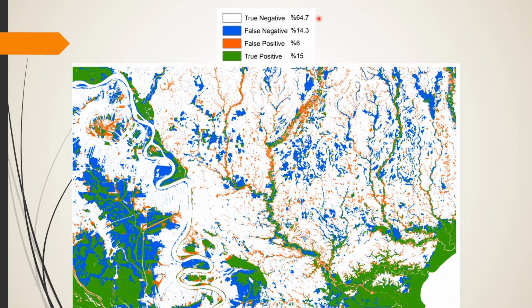As you can see, 64.7% of the study area are true negatives, areas where the NWI and the HGM agree that there are no wetlands. 15% are true positives, shown in green, and these are areas where the HGM and the NWI both say that wetlands do exist. 14.3%, shown in blue, are false negatives, areas where the NWI says wetlands exist and the HGM says wetlands do not exist, and only 6% are false positives, shown in red, areas where the NWI says there are no wetlands and the HGM says there are wetlands.